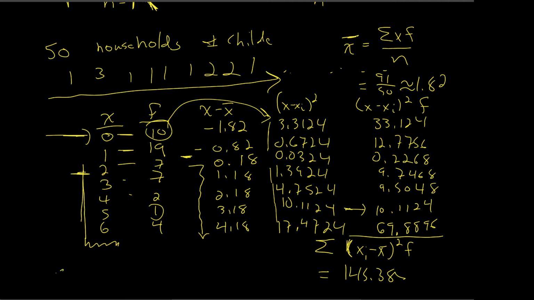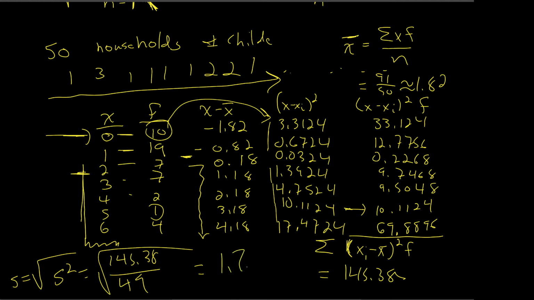But my s squared is going to be the 145.38 divided by 49, because I had 50 data units. Let's just do my standard deviation, which will be the square root of this, which is 1.7. So the standard deviation is 1.7 children.